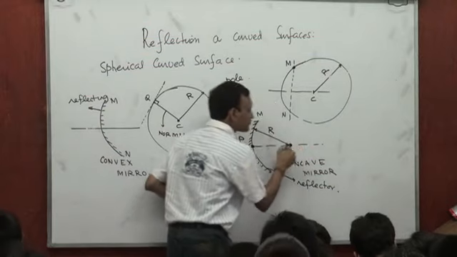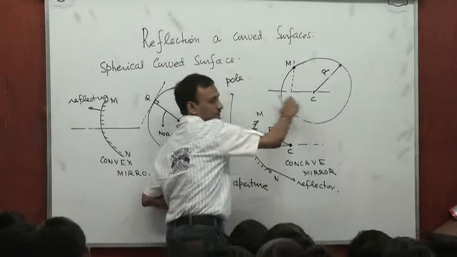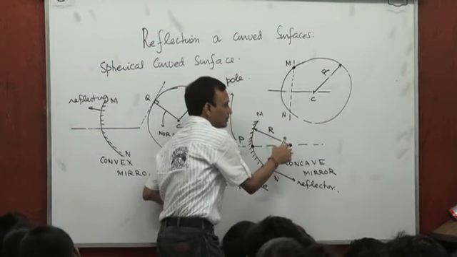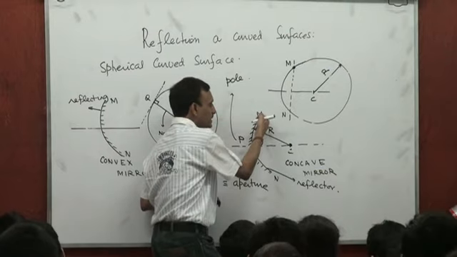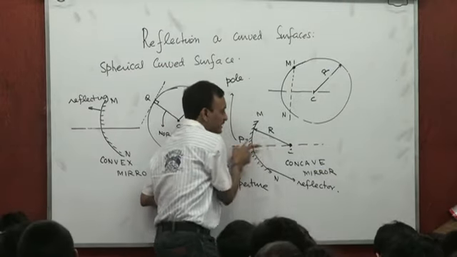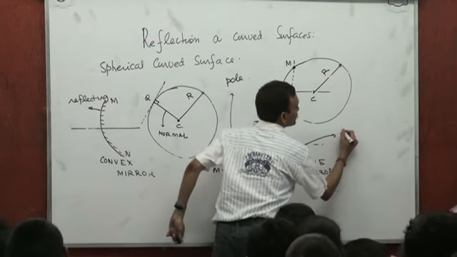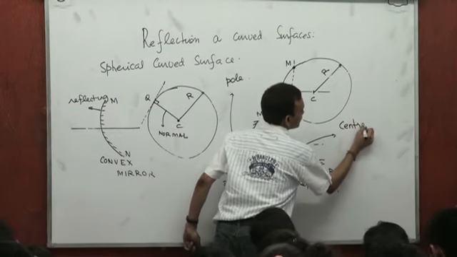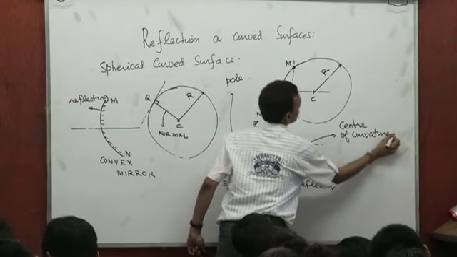The center of the sphere, C, of which the mirror forms a part. See, this mirror forms a part of a bigger sphere. Its center is somewhere here, right? This center C is called the center of curvature of the mirror.